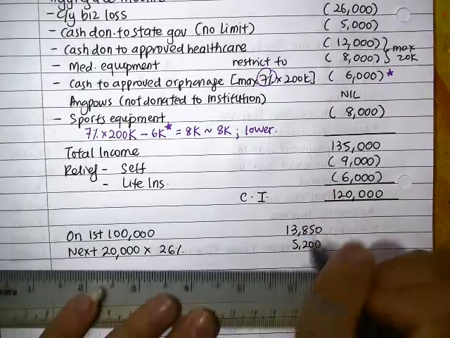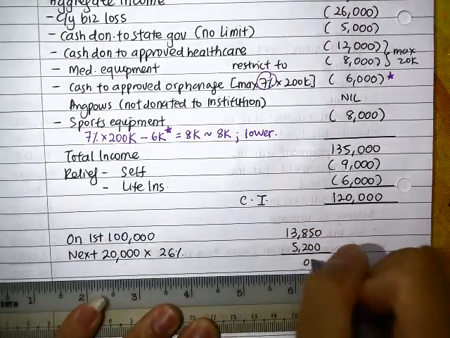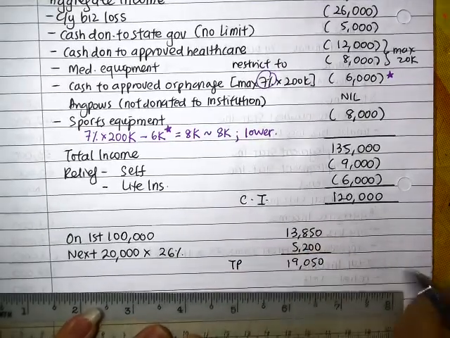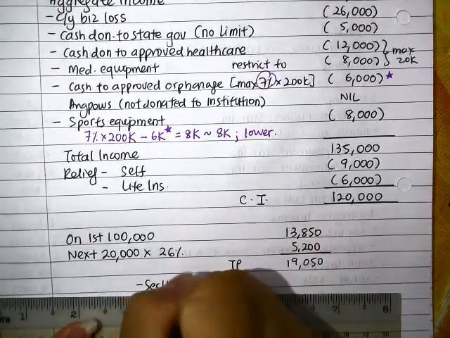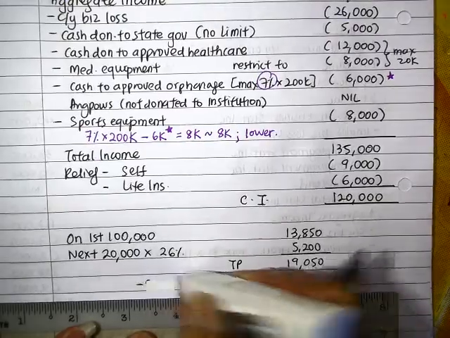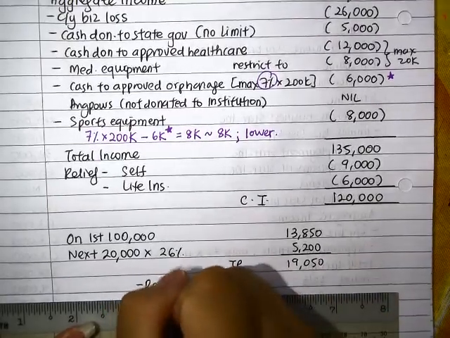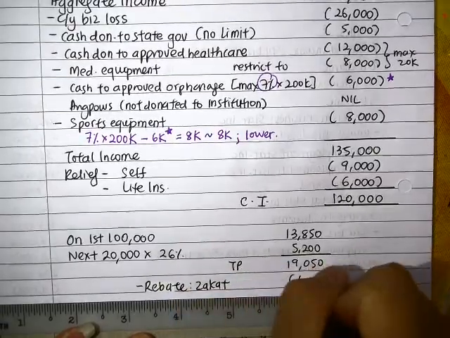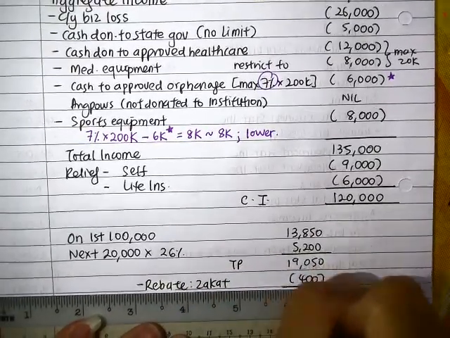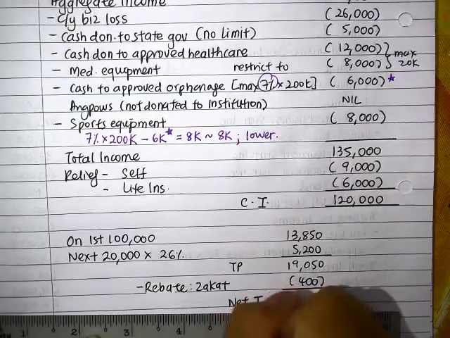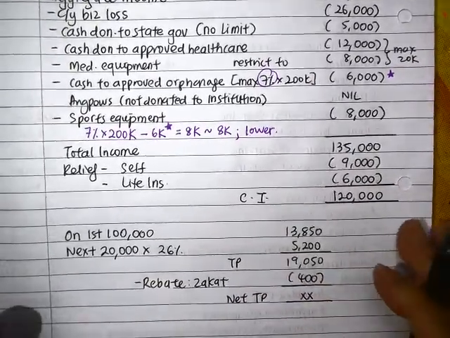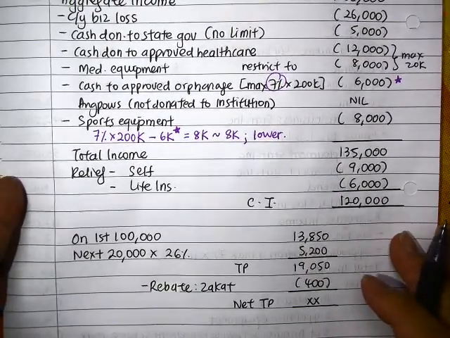So that's 5,002. So TP is 1950. Now you get a rebate for the zakat that you pay, which is 400 ringgit. So the net tax payable. Alright? That's the case for Salina.